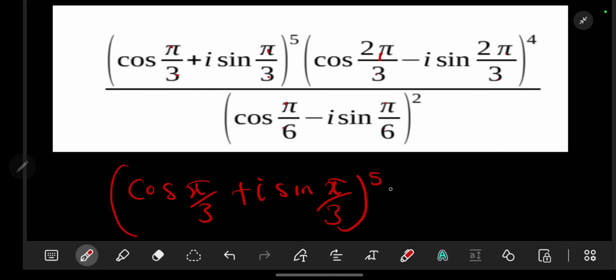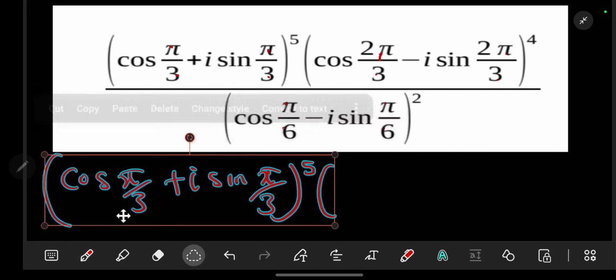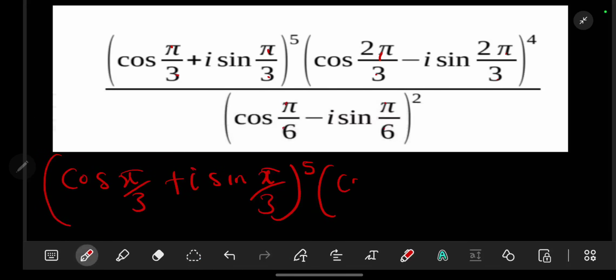Then we are going to say it will be cos of pi over 3, minus i sine of pi over 3.